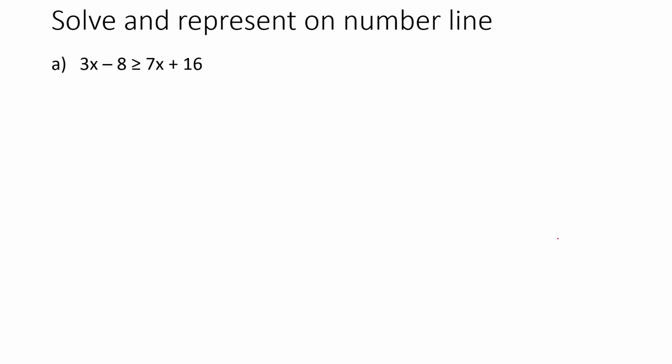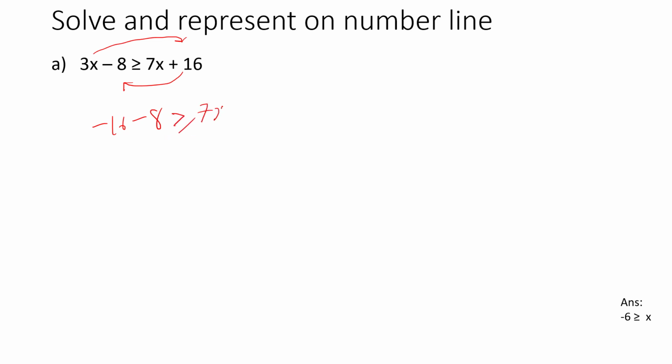Okay, next, please try this question out yourself. Move the x coefficient that has the smallest number. And if you need the answer, it is negative 6 is larger than x. So if you need some help, the 3x I will move over, plus 16 I will move over. So it will become negative 16 minus 8, because 8 is not changing.